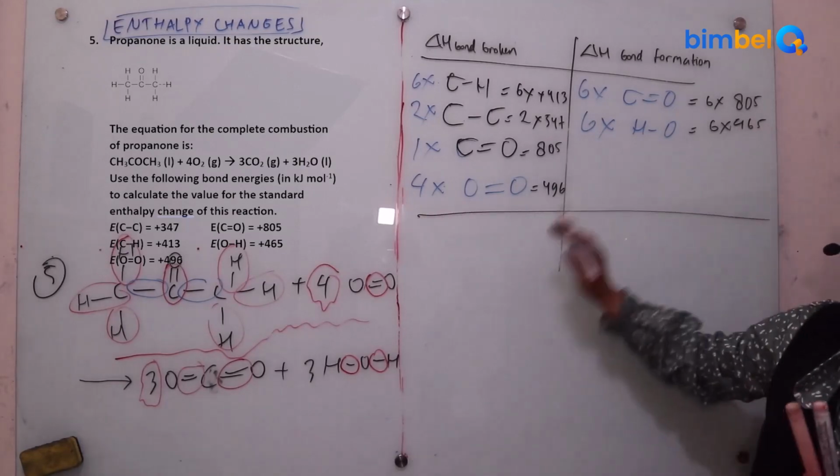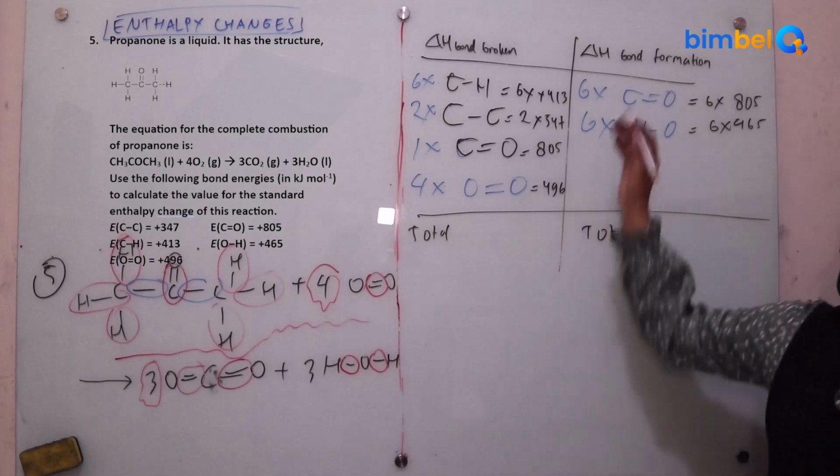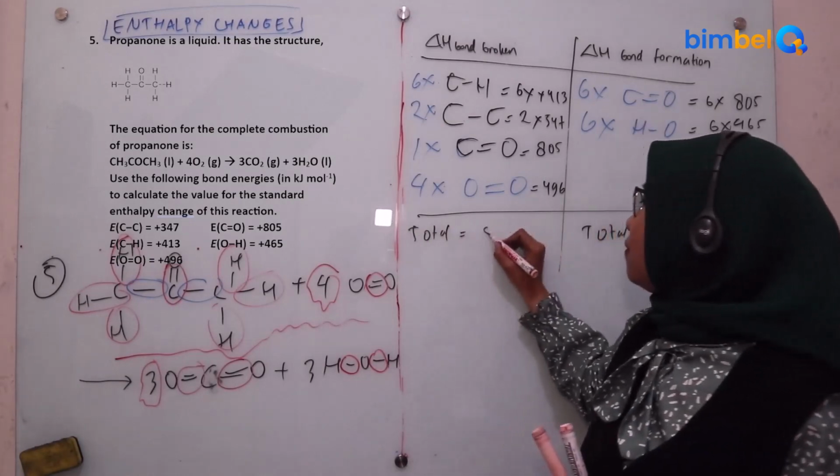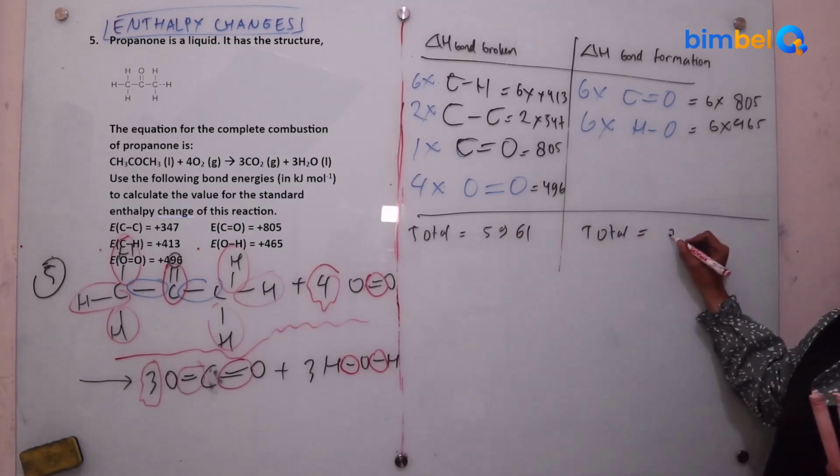Okay, now we calculate all the bonds, this total and this total. If you calculate, we get 5961, and this one is 7620.